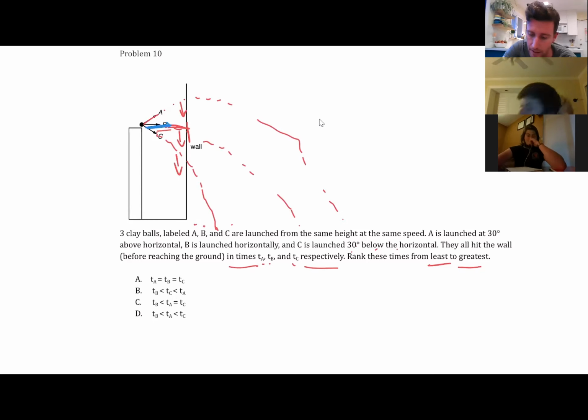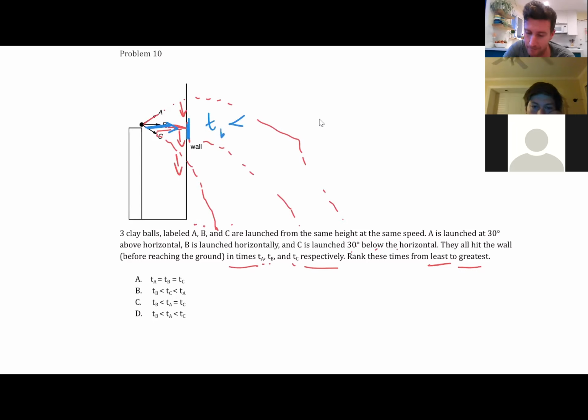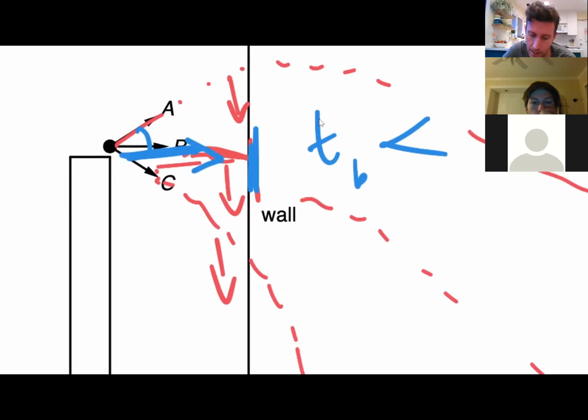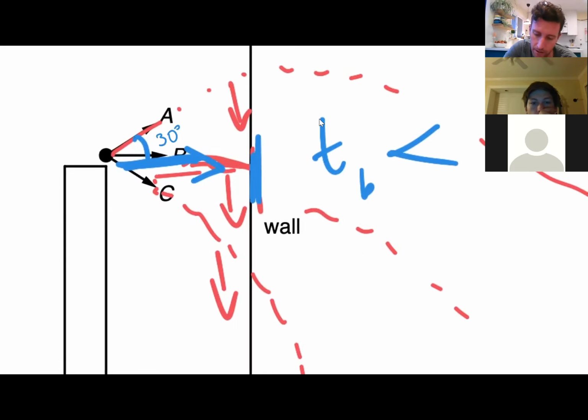B is all horizontal. So because it's all horizontal, it should be going the fastest horizontally and thus hit the wall first. So time B is going to be the least. A and C both have 30-degree angles, so they both have the same amount of horizontal velocity.